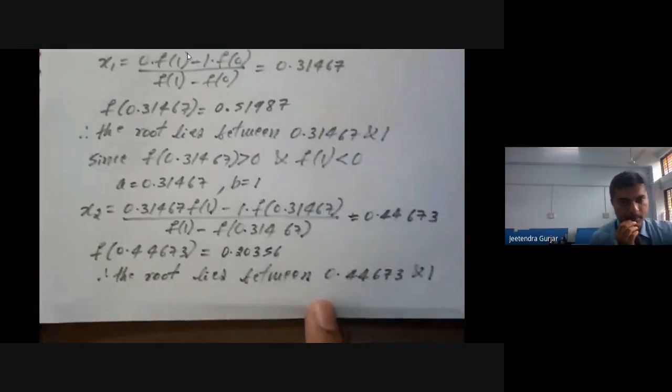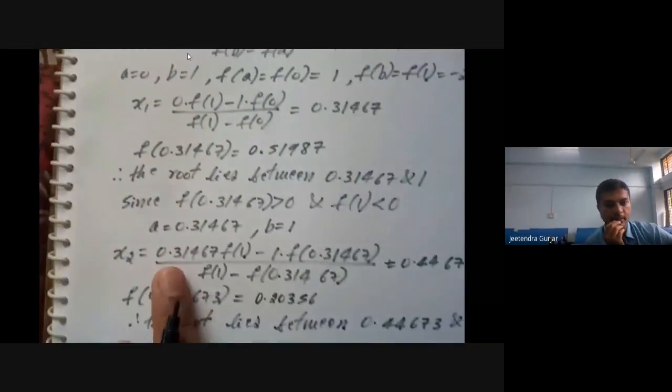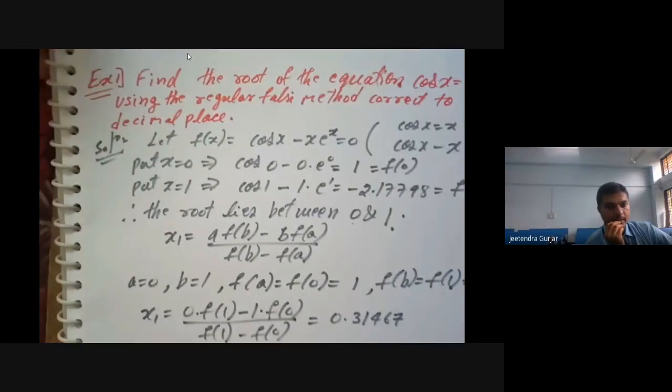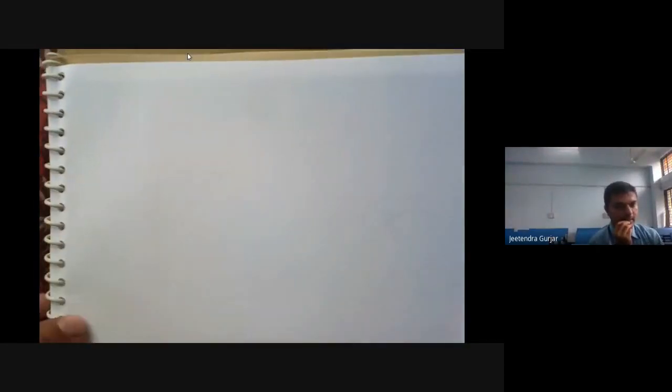So when we take x is equal to 1, we get the value. So we'll continue this now. Therefore, the root lies between these two values, because one is positive, one is negative. Remember this. Or one is greater than 0, one is less than 0. Therefore, we'll go with the third approximation.